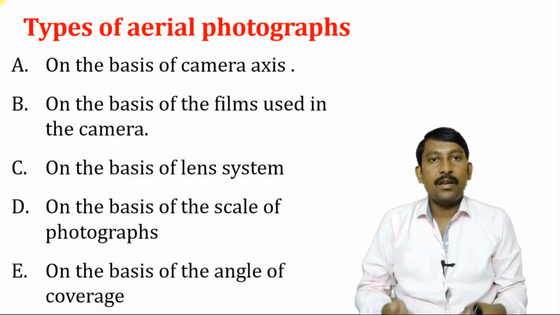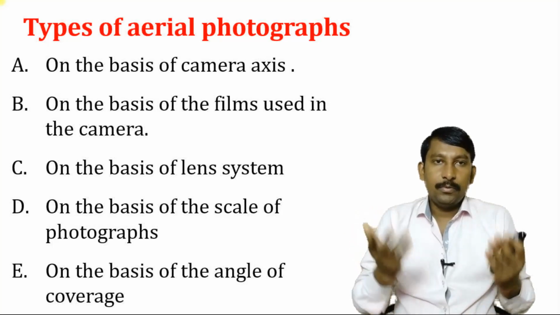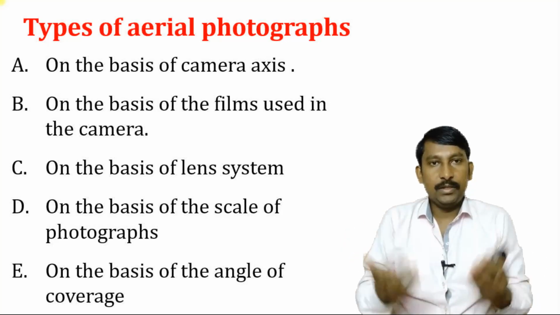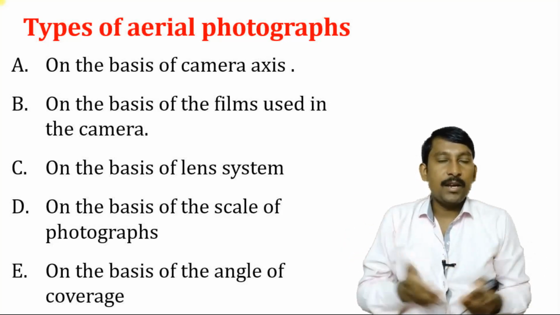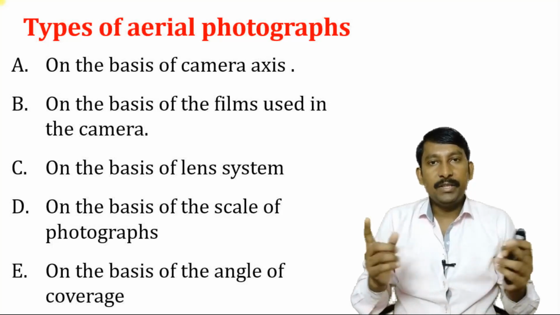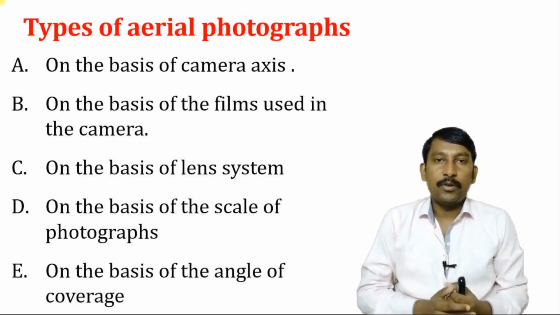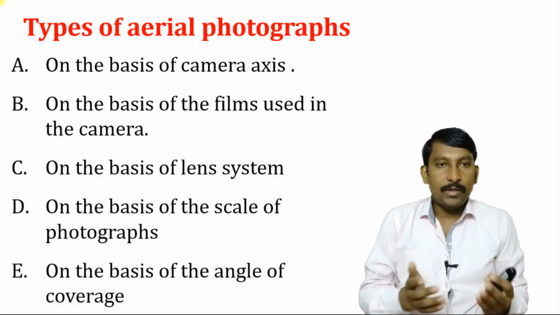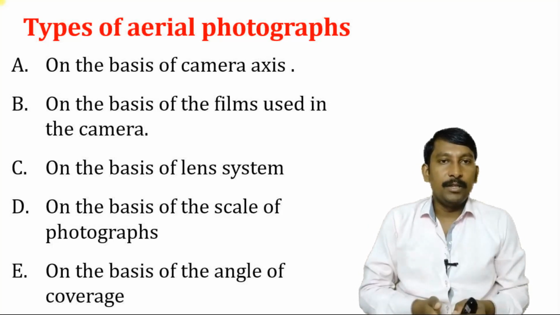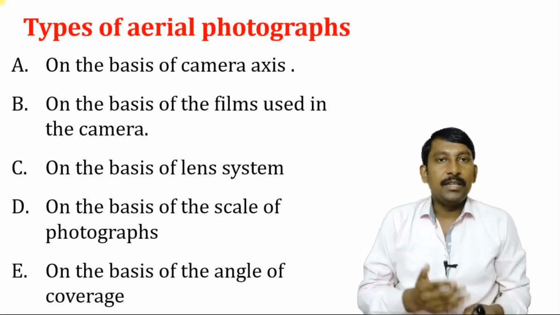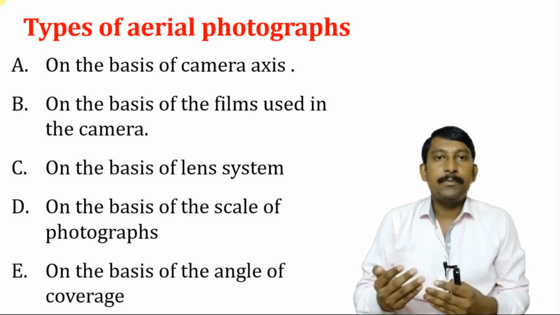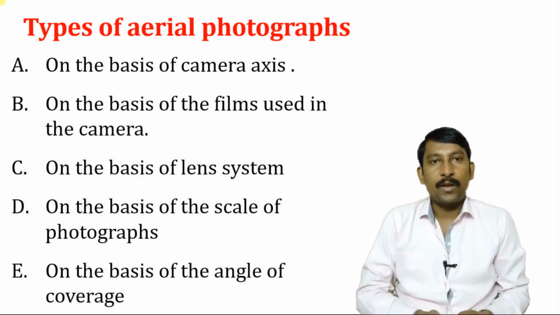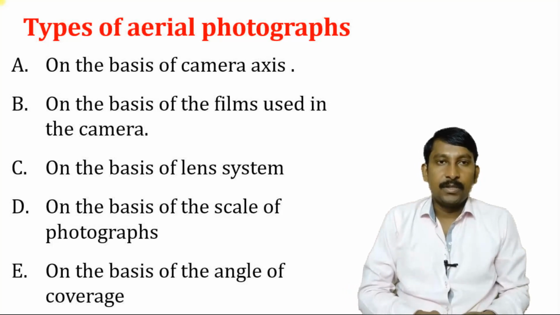Aerial photographs are divided on the basis of lens used in the camera. Aerial photographs are divided based on which scale you consider for the capture of aerial photographs. Aerial photographs are divided on the basis of angle of the coverage. These are the different methods you can use to classify aerial photographs into different groups.